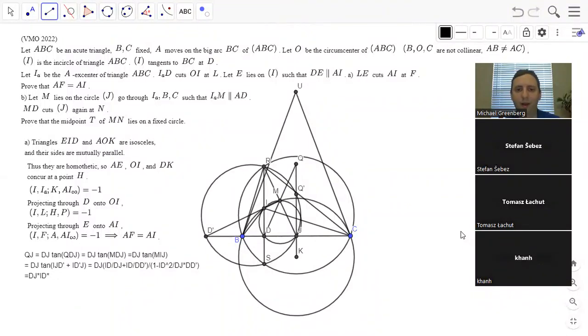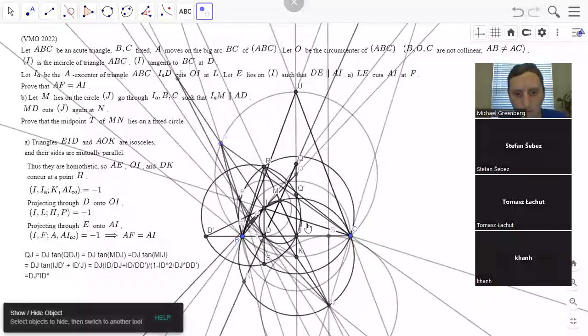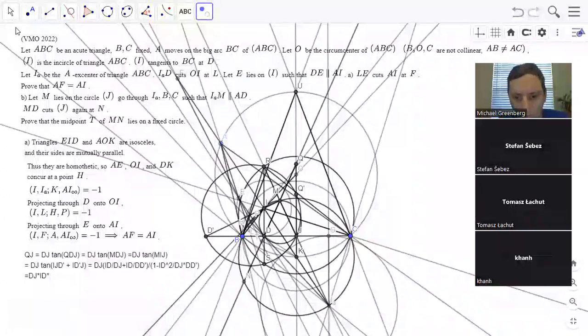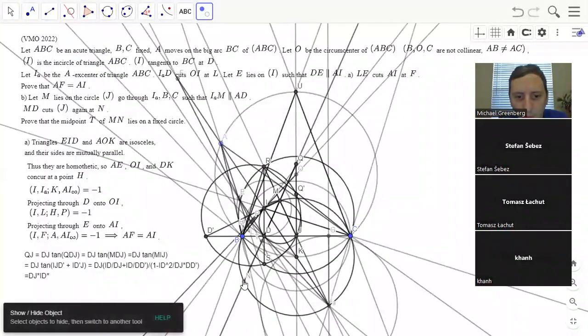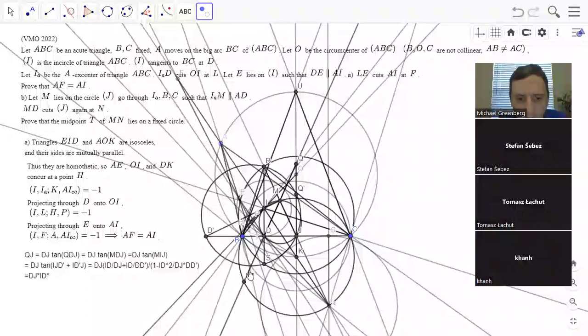Okay. Can you unhide point N? Yeah, point N, unhide point N. This N, sorry. No, the N, like the intersection of MD and BRC. Oh, this one. Sorry. All right. Yeah.